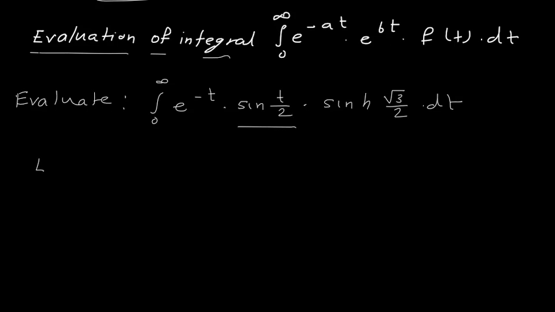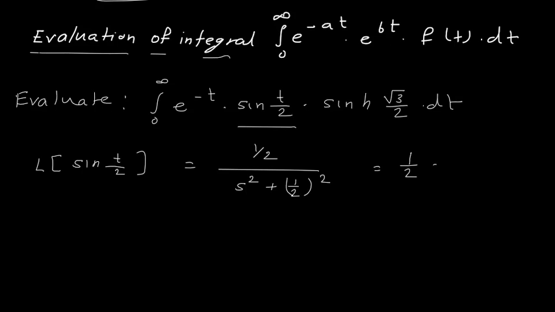So let us start. First, Laplace of sin t by 2. The coefficient of t is 1 by 2, so by definition it is 1 by 2 upon s square plus 1 by 2 square. So it will become 1 upon 2 into 1 upon s square plus 1 upon 4.